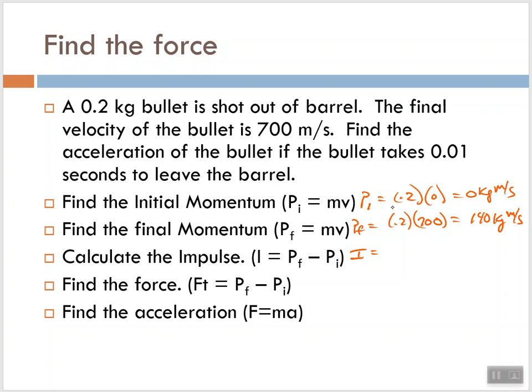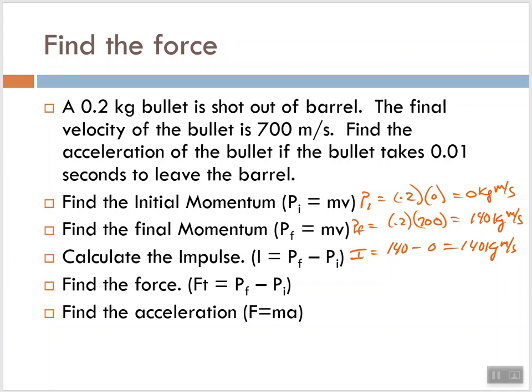So let's work our way through it. The initial momentum is 0.2 times 0, or 0 kilogram meters per second. The final momentum, the bullet still has the same mass, but it's now going 700, so that gives us 140 kilogram meters per second. So let's find the change in momentum, because there's some type of force, which is what we're going to need to find acceleration, that caused that change in momentum. So the change in momentum is 140 minus the initial 0, which gives us 140 kilogram meters per second.